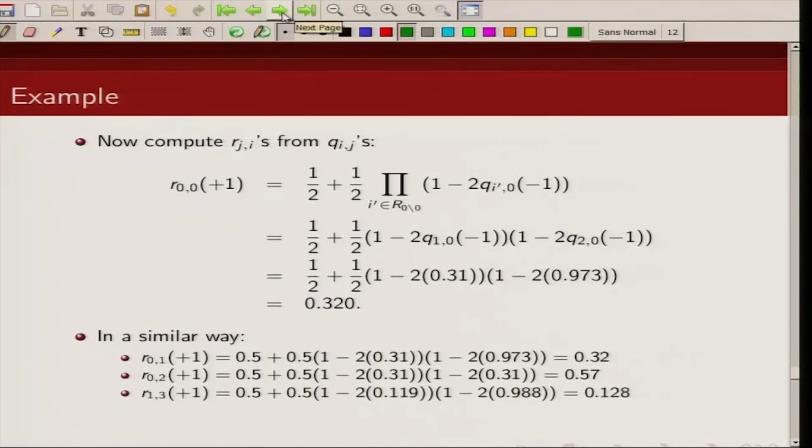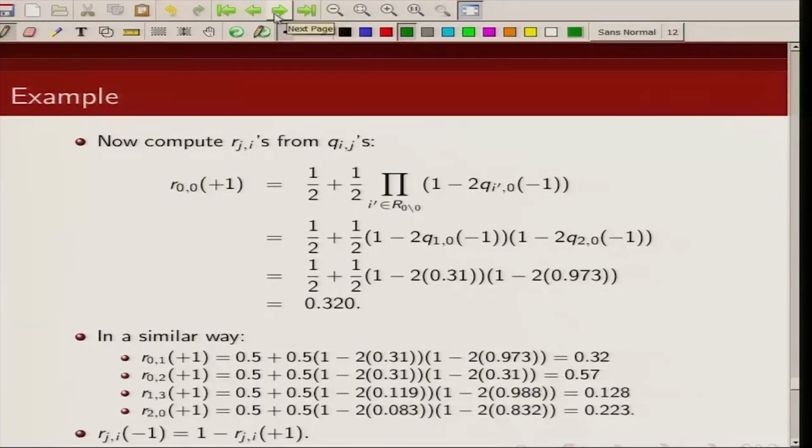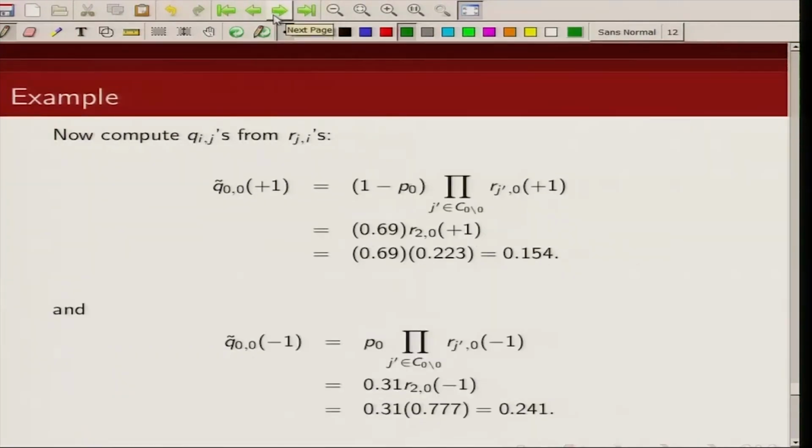So, once we calculate these Rij's and the initial Qij's, then we are going to update our Qij's. We find the product over all those check equations other than that particular bit, and we repeat this for Qij being +1 and -1, and we can normalize these probabilities so that they sum up to 1.